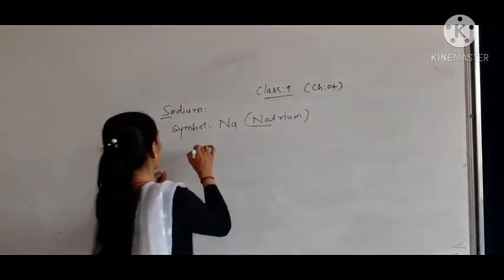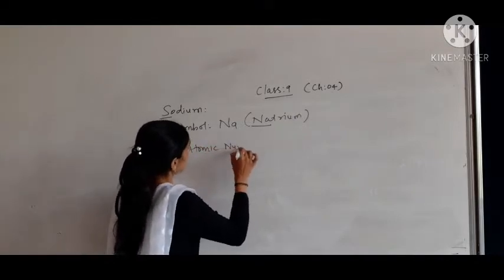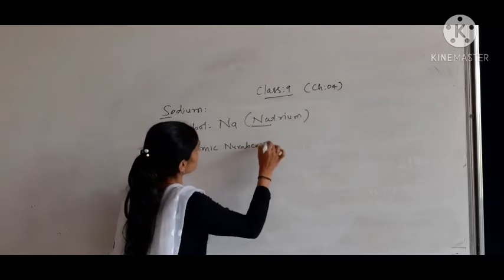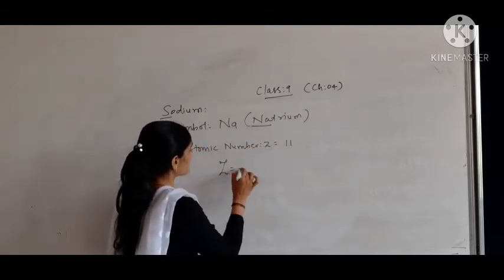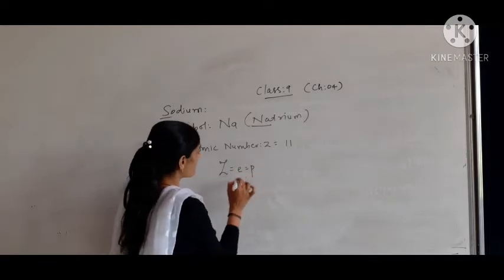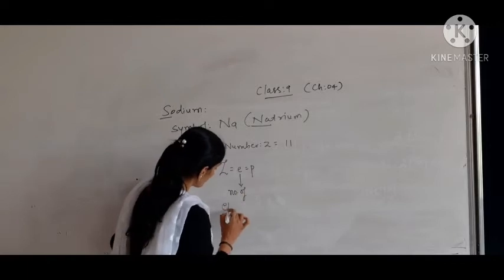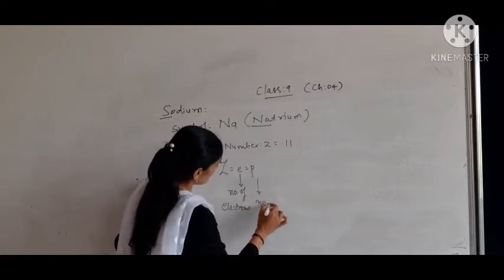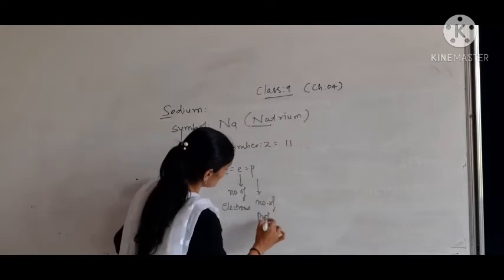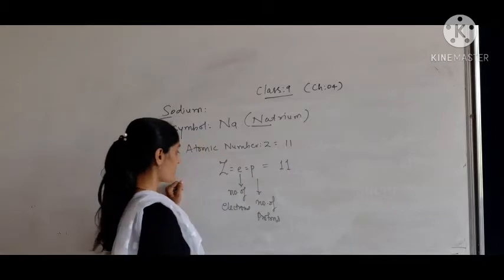Now we will talk about its atomic number. Atomic number is denoted by Z. We know that Z is equal to 11. We know the relation that Z is equal to E, that is equal to P. E is the number of electrons and P is the number of protons. So there is a relation that it contains 11 electrons.